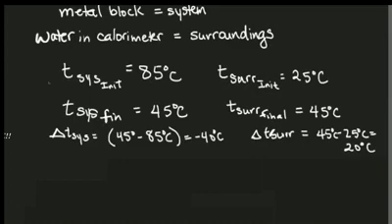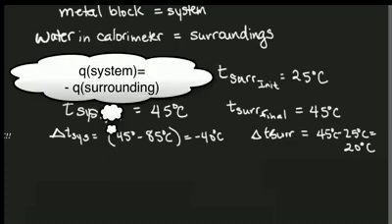Alright, so the main premise of all of these problems is as follows. You're going to look at the Q of the system and set it equal to the Q of the surroundings with a negative sign in front.